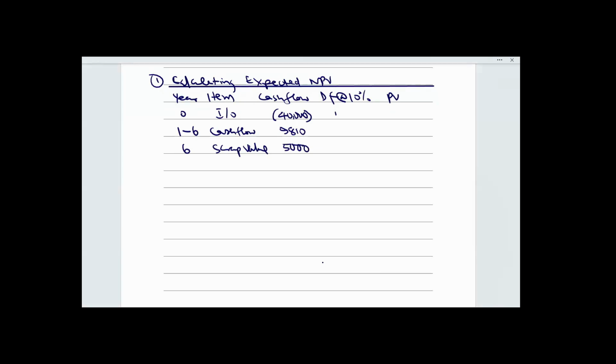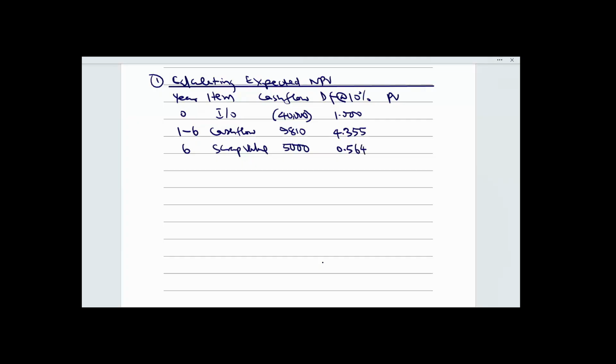I need to calculate the annuity factor of year 1 to 6 at 10%. That will give us 4.355. Then the discount factor in year 6 at 10% is 0.564.